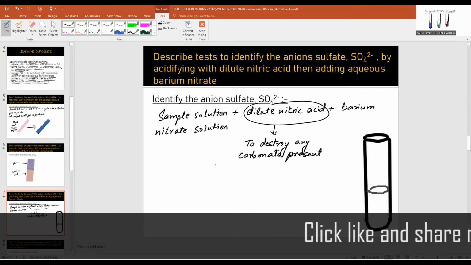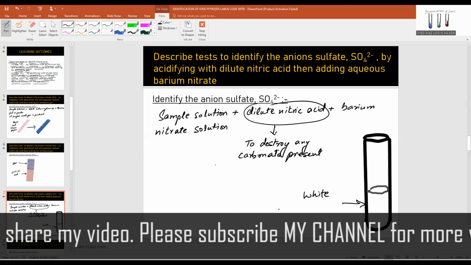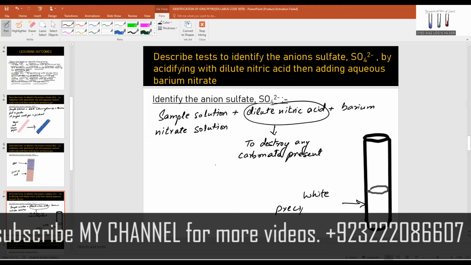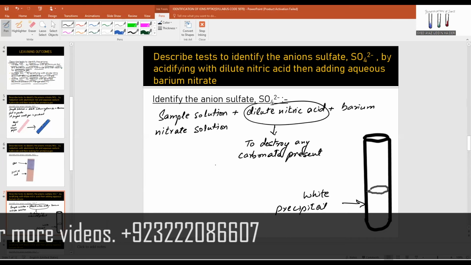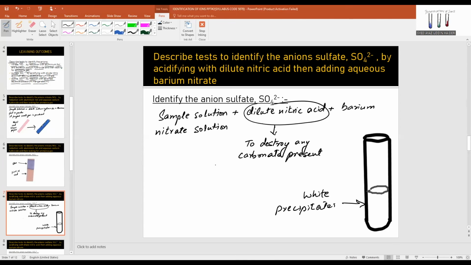A white precipitate will be obtained. Here you will get white precipitates. These are of barium sulfate.